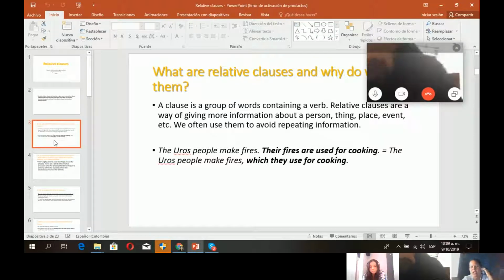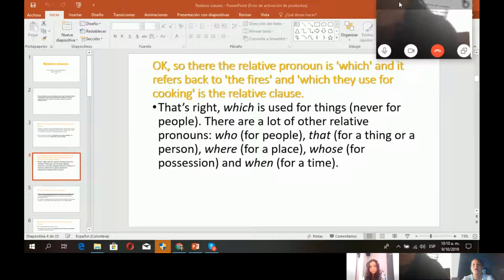As an example, the Uros people make fires. Their fires are used for cooking. The Uros people make fire which they use for cooking. So there is the relative pronoun which, and it refers back to the fires, and which they use for cooking is the relative clause.